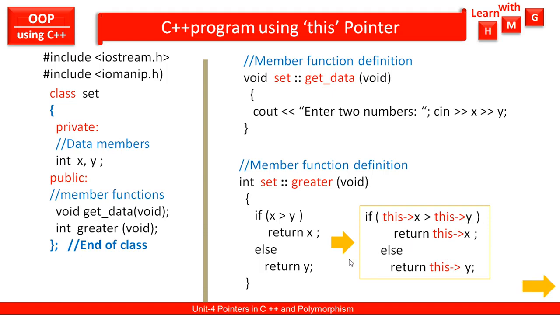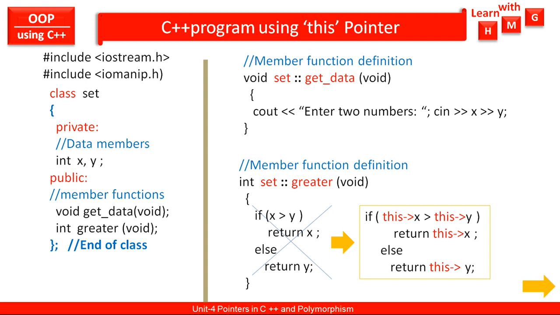Instead of writing the direct names of data members x and y, you should write this arrow data member. In this way, the normal member function definition is replaced with another member function definition using this pointer.